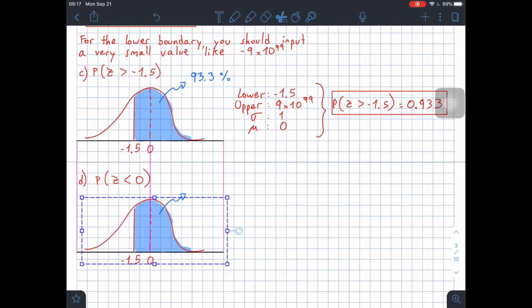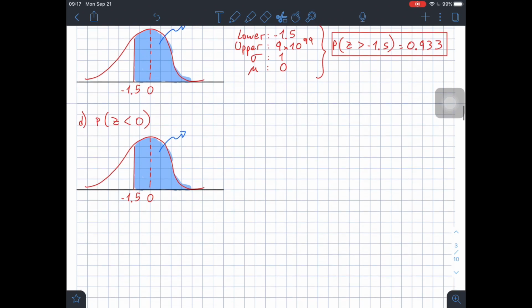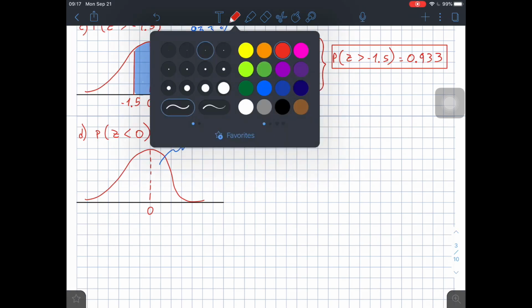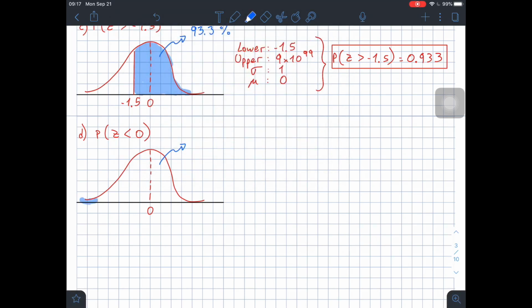What are we talking about here? We want the probability of C being less than 0, right? But 0 for this particular problem is our mean already. So if we want this to be less than 0, then we're considering all the region to the left of the mean, right? The left of 0.